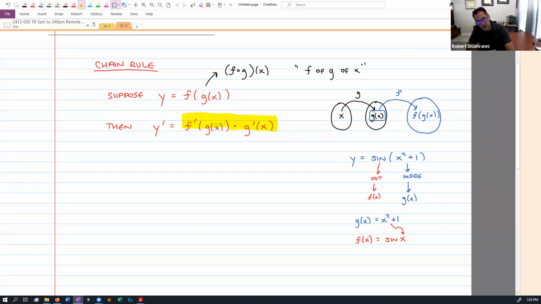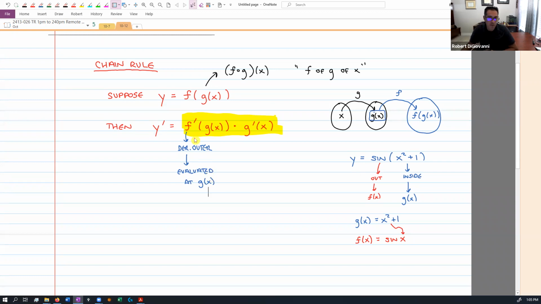So what the chain rule says is that you're first going to find the derivative of the outer function. You're going to find out what that derivative is, but you're going to evaluate it at g of x.